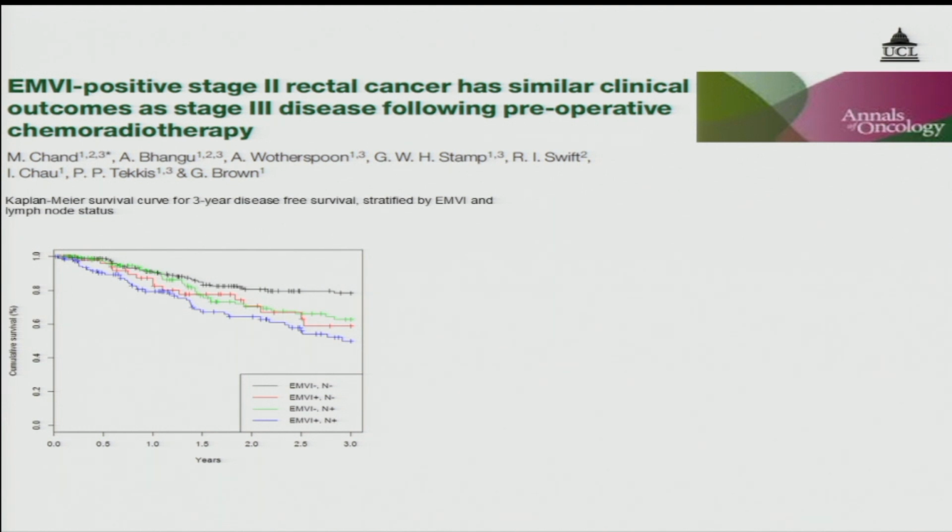So we have these stage 2 patients, again a heterogeneous group that behave very differently, and some of these prognostic features, such as EMVI, may well determine whether or not they receive adjuvant therapy. And it may be that in these patients, particularly as often the metastases go to the liver within 2 or 3 years, we should be looking at EMVI in a bit more detail.